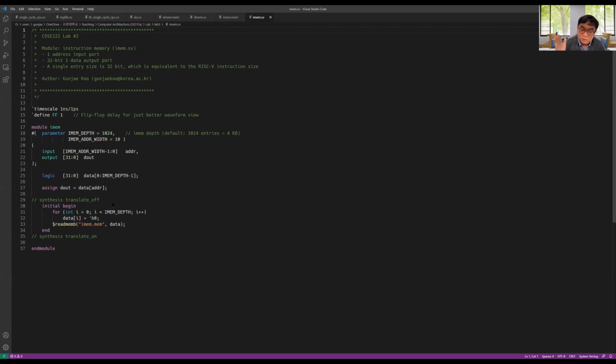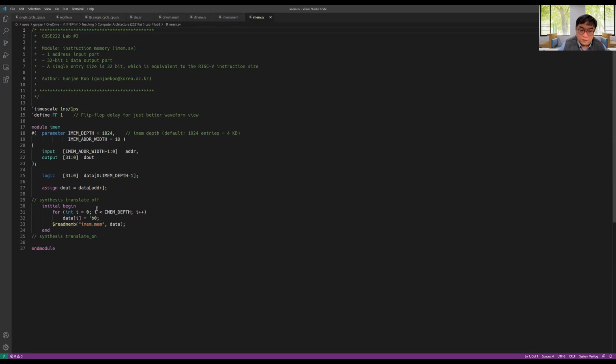So the output is resolved slightly after the rising edge of the clock signal. We can use this delay to represent the delay of the D flip-flop, but you don't need to use it. This is the comment for this FF, the flip-flop delay for just better waveform view. So you don't need to use it.